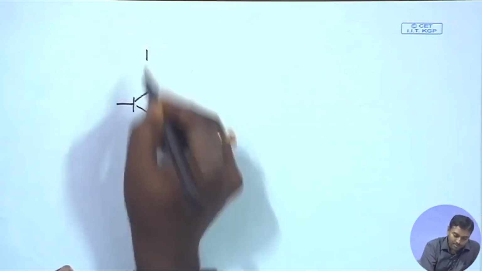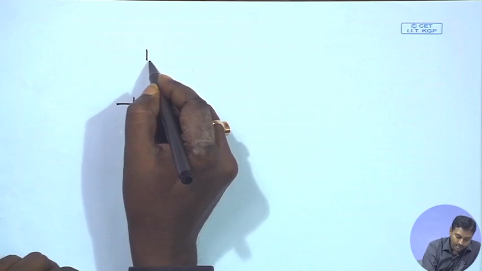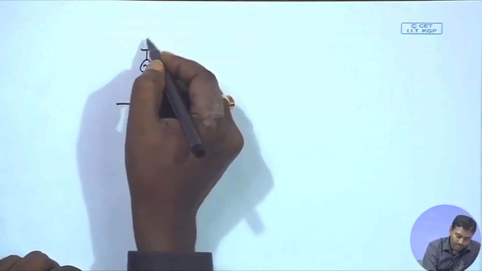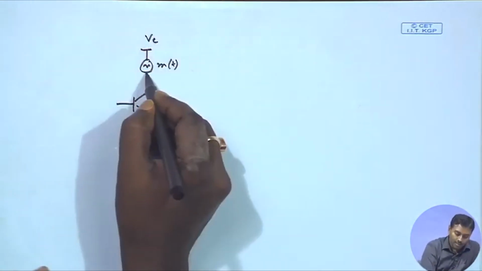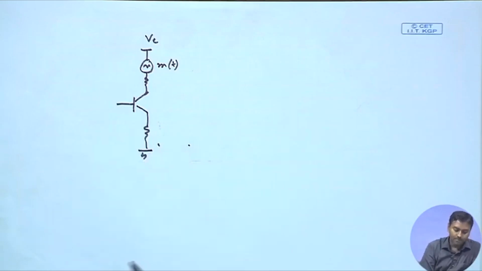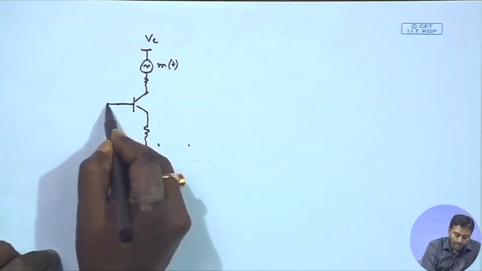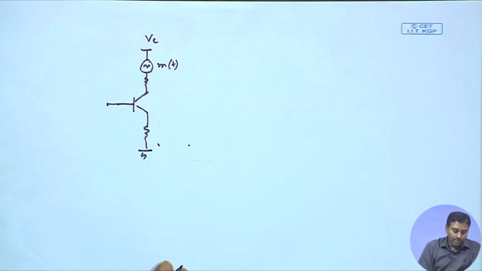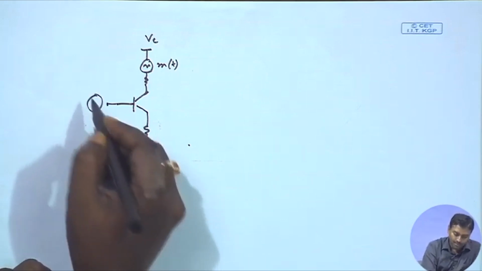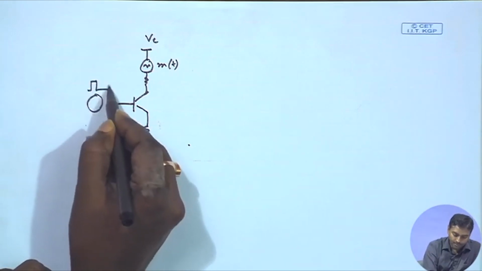Basically, you put your message signal m(t) over here, of course with a bias, let us say VC. You have a resistor over here, and you also have a resistor over here. And over here you supply the pulse.